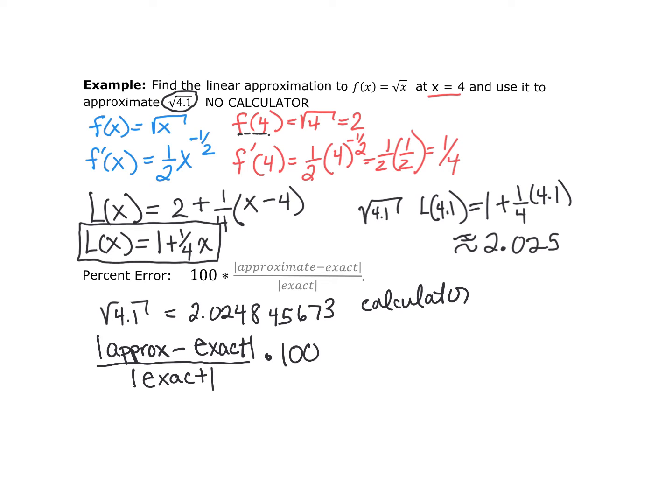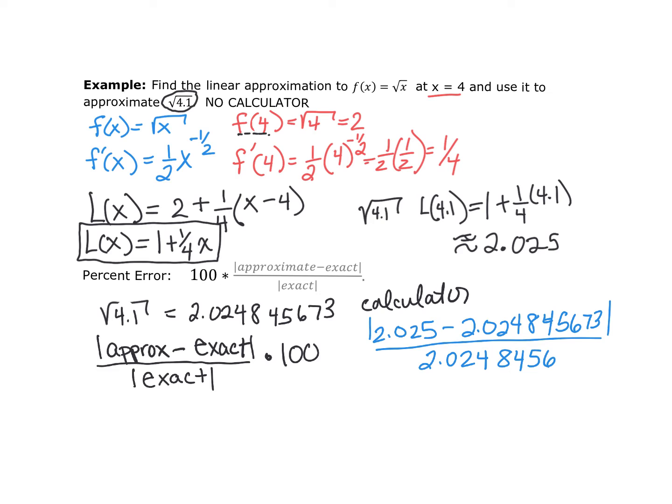So we've got 2.025 minus 2.024845673, divided by 2.024845673, times 100.